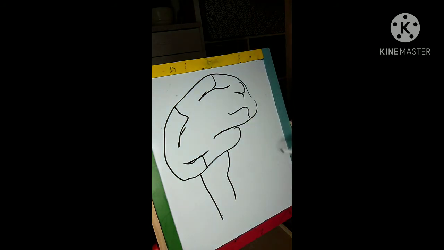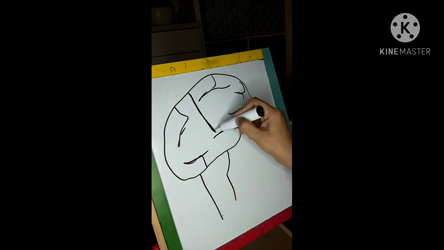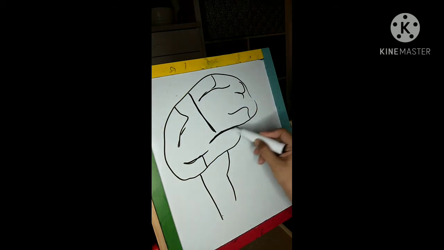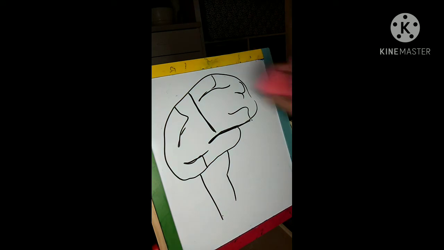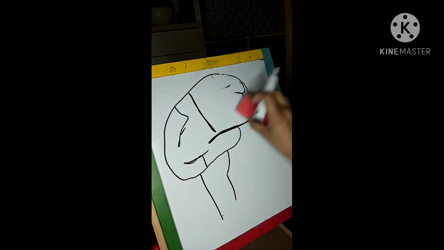This is our central sulcus, and anterior to central sulcus we have frontal lobe, and posterior to it we have parietal lobe. Below is the temporal lobe. Occipital lobe I have not shown in this diagram, but you know that it's behind.